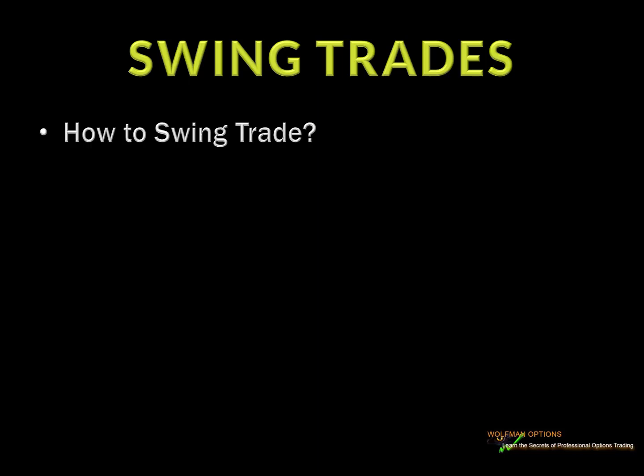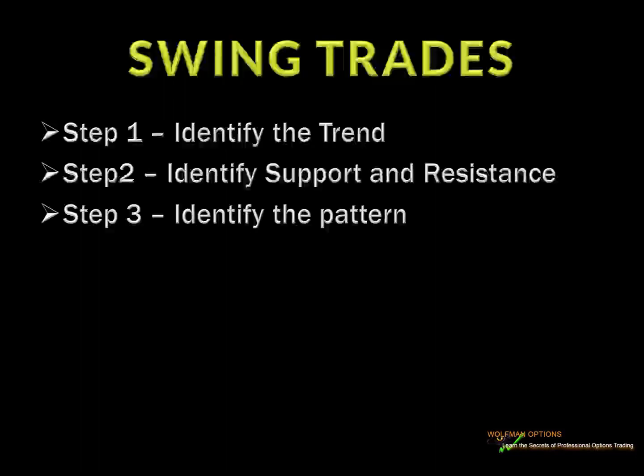But I've given you three things we need to talk about with how to trade using swing trades. Ultimately, we have to identify the trend, right? We find the trend, whether it is bullish, market neutral, or bearish. And then we need to identify the support and resistances.